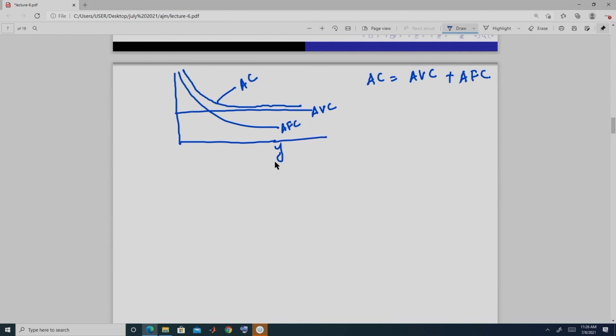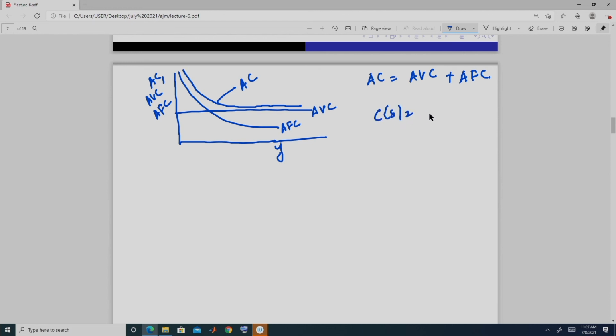On this axis we have taken output, and all the costs, average variable cost and average fixed cost, are on this axis. So, we get a curve and this average cost is going to be asymptotic to this here.